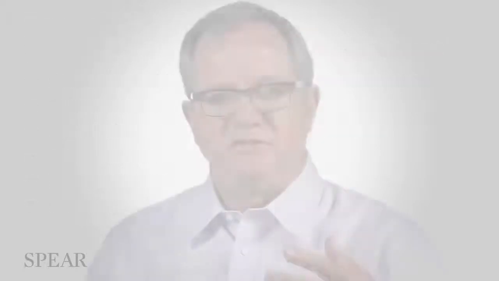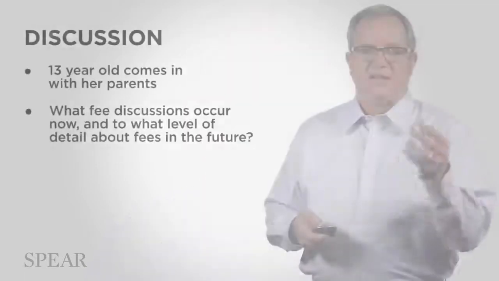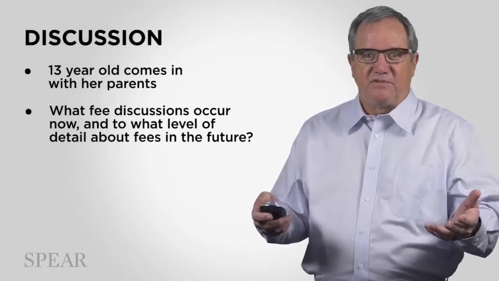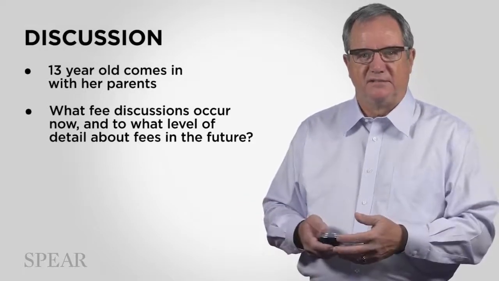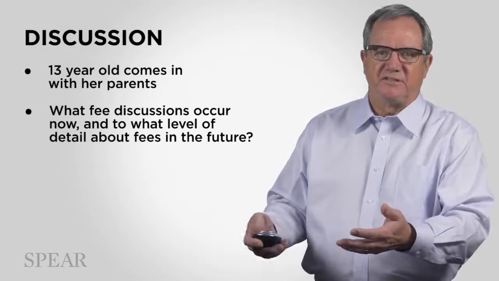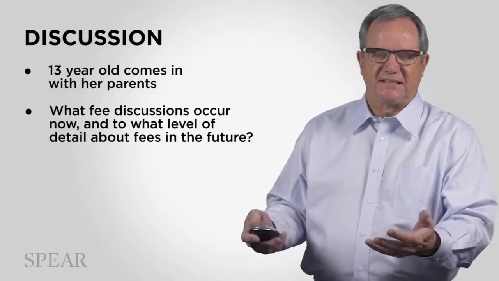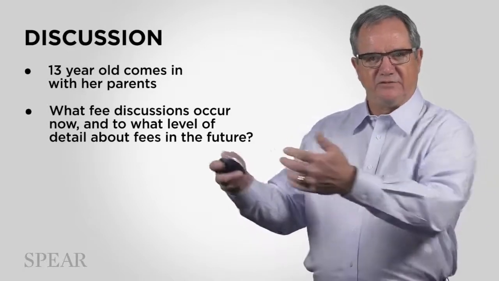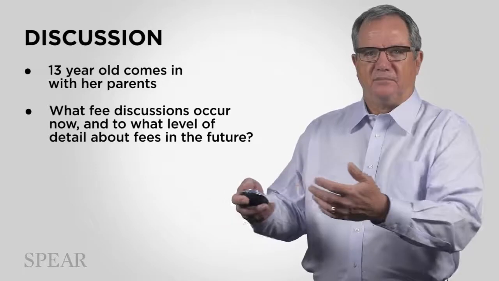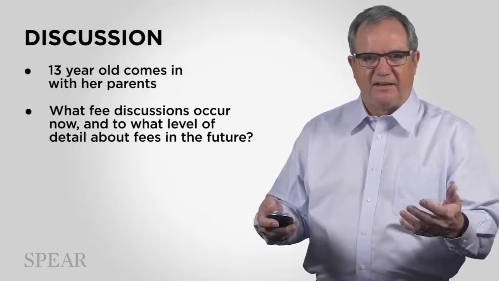What I'd like you to do for your first discussion is here she is at age 13 with her parents. And I guess the question becomes, where do we go with fees? What do we tell the parents of this 13-year-old who's congenitally missing 6 teeth about what the future looks like? How detailed do we get?